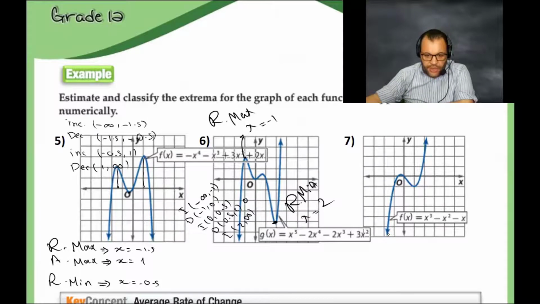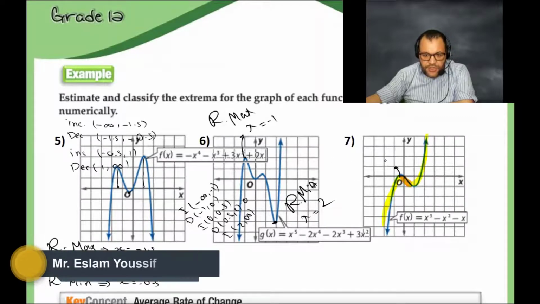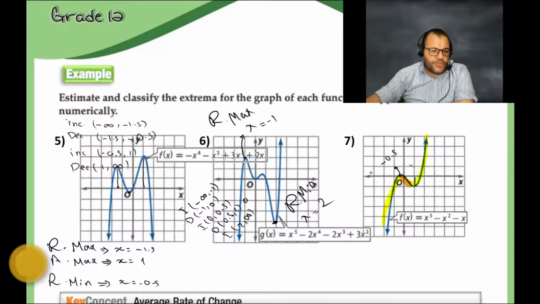Increasing, decreasing, then increasing. Just write the numbers here: negative 0.5, and this number is about 1. So we need to divide the parts here.